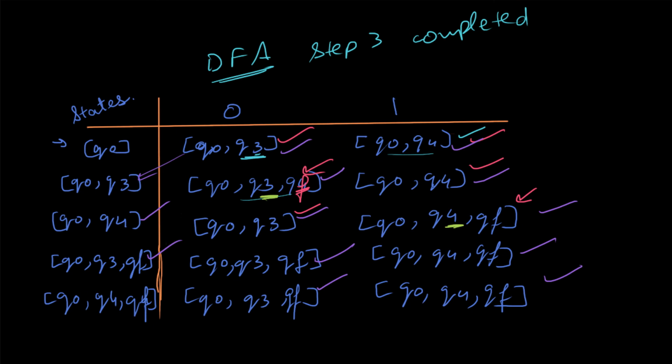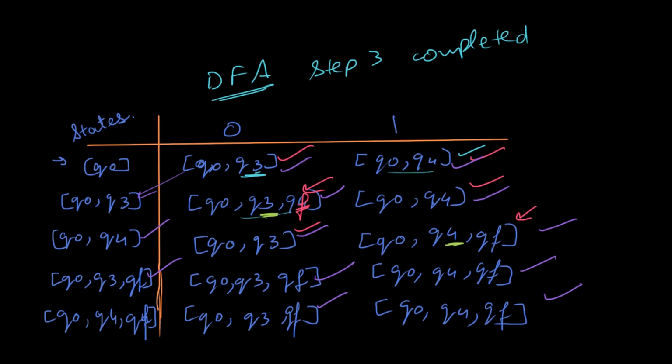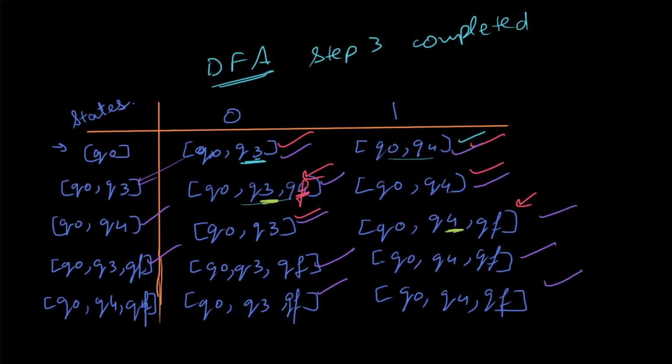Now what we're going to do is use this and make a graph, right? Before that, we need to circle the final states which are having QF, because in our initial part we had assumed QF to be our final state. So we're just going to make a graph. This is what is left.